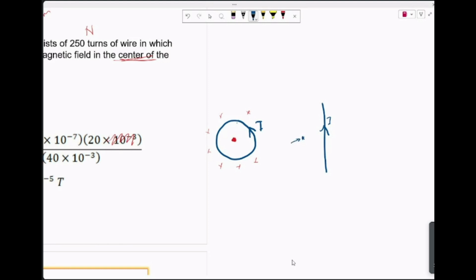Is it into the page or out of the page? I give you 5 seconds. You can guess or shout the answer. It's going to be out of the page. So once you know this is out of the page, immediately this one is going to be into the page.